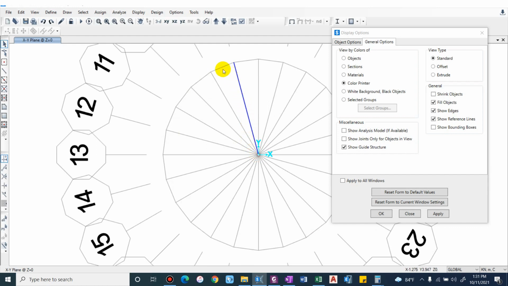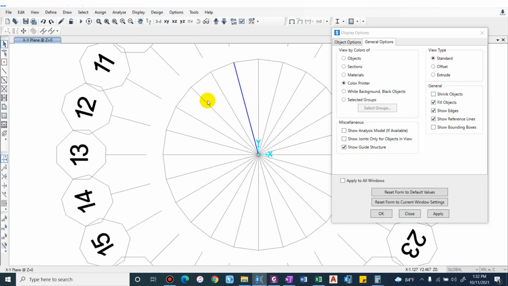If we draw any element in anti-clockwise direction, then it will show red color, that is the top surface, towards us. So for now, if I want to have the bottom surface towards me, then I have to draw this frame element in clockwise direction, that is from this point to this point, and the extrusion will be in the clockwise direction.